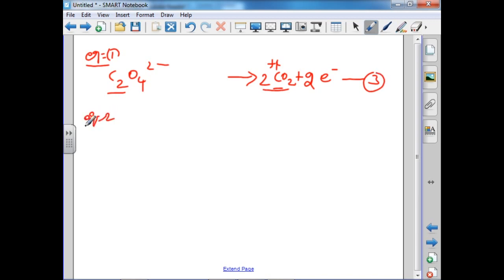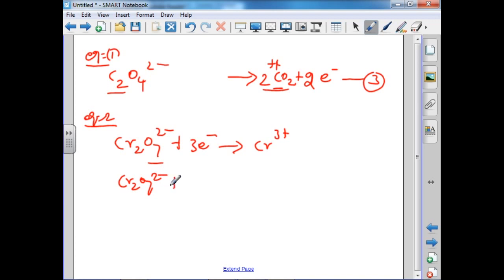From equation number 2, Cr2O7 2 minus plus 3 electron gives Cr3 plus. There are 7 oxygen atoms, so we add 7 water molecules on the product side.